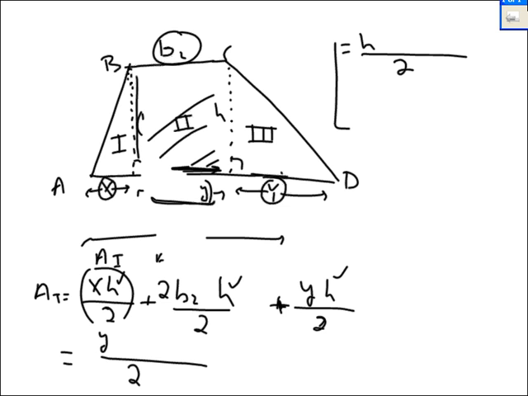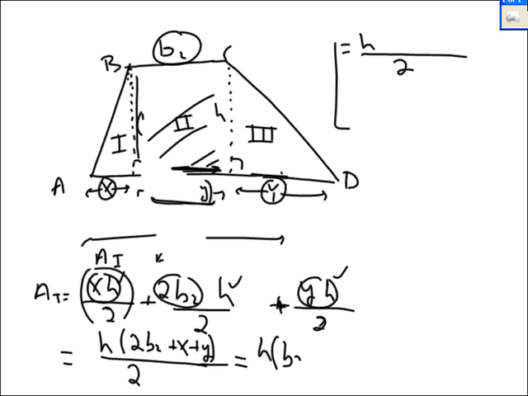I'm going to factor out the H, not the Y, but the H. I choose to write the 2B2 first, plus the X, remember I factored out the H, plus the Y. So this is H times B2 plus B2 plus X plus Y, all over 2.